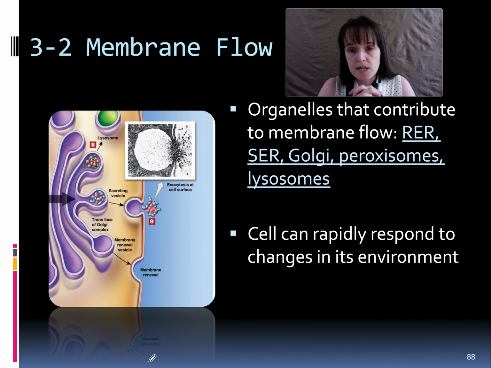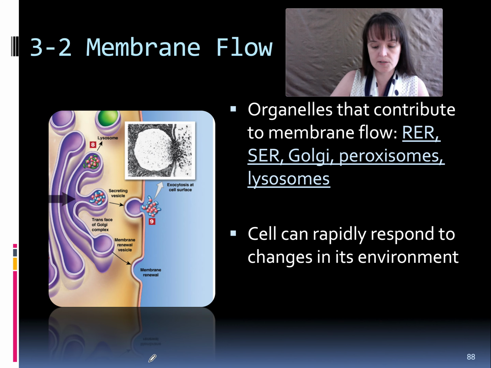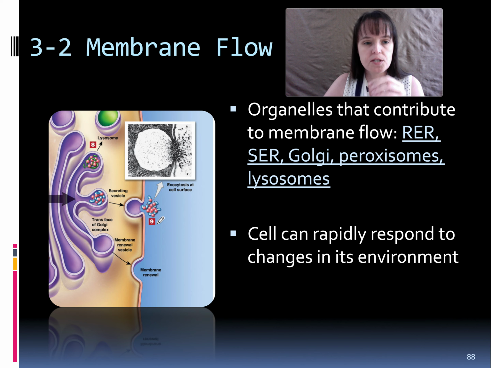So this is the RER, SER, Golgi, peroxisomes, and lysosomes, which does not answer the question, what is membrane flow? Membrane flow, explain how membrane flow contributes to homeostasis. So it allows the cell to rapidly respond to changes in the environment. And what happens is these membrane renewal vesicles can be formed with different receptors.